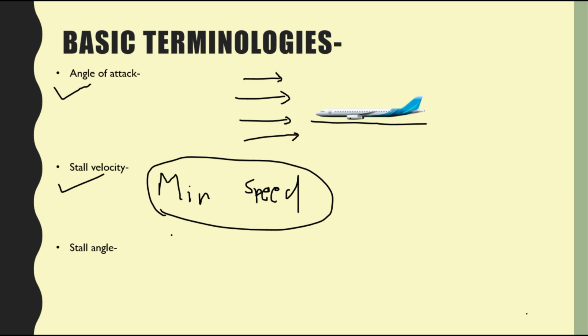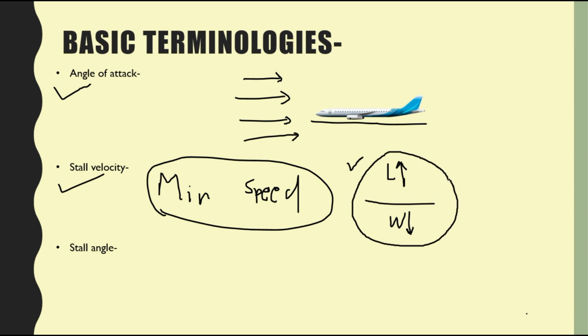That is for sure. And maybe at that speed as well, it won't fly. We need to have a speed which is greater than that, because at that speed, the lift of the aircraft, that is the upward force, will be equal to the weight of the aircraft. So that thing is required for the aircraft to just sustain and have no resultant force in the upward y direction.